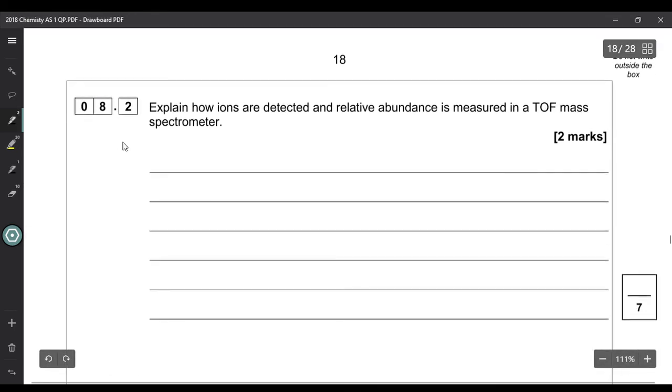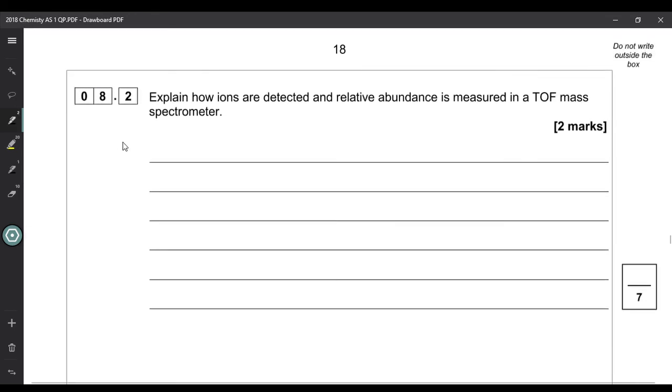So 8.2, it says explain how ions are detected and the relative abundance is measured in a TOF mass spectrometer. So what happens is, as ions hit the detector, they gain an electron.